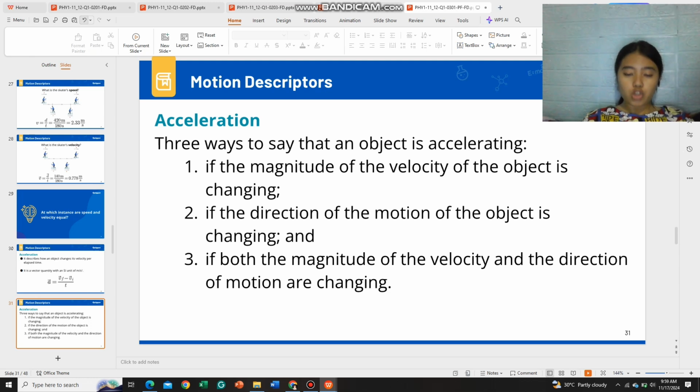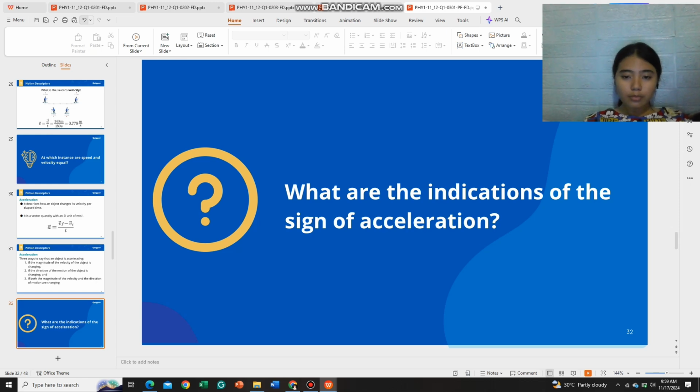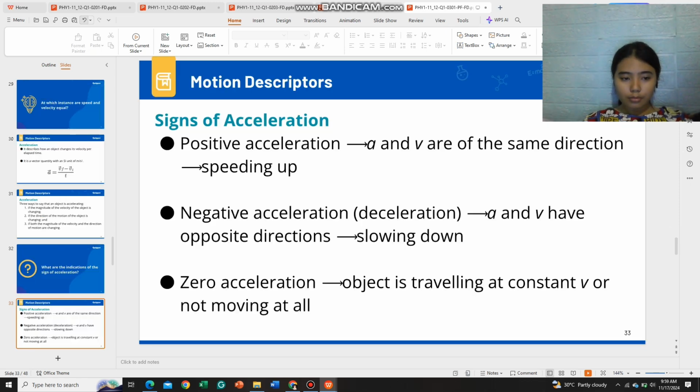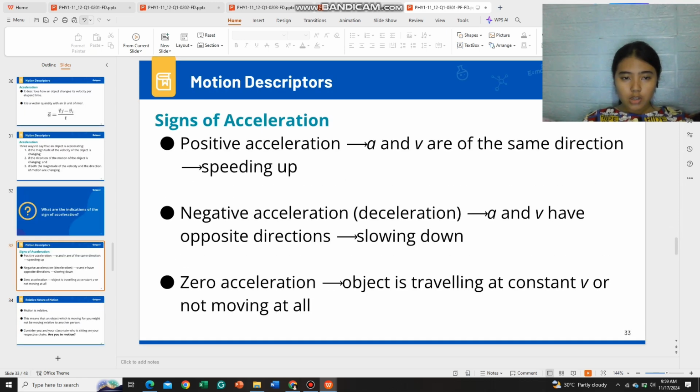So, 3 ways to say that an object is accelerating. So one is if the magnitude of velocity of the object is changing. 2, if the direction of motion of the object is changing, and 3, both if the magnitude of the velocity and the direction of motion are changing.